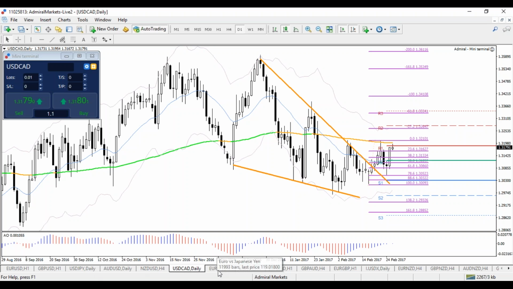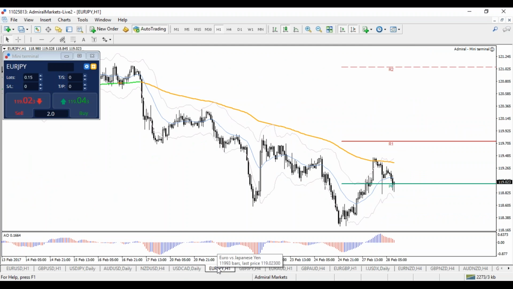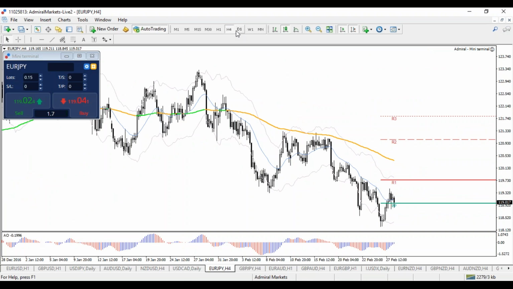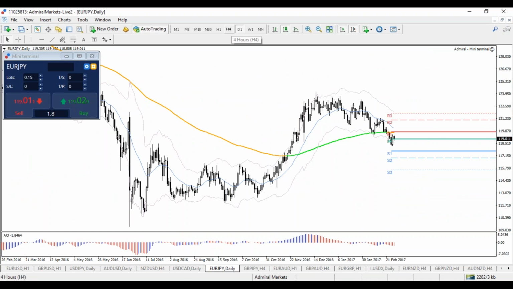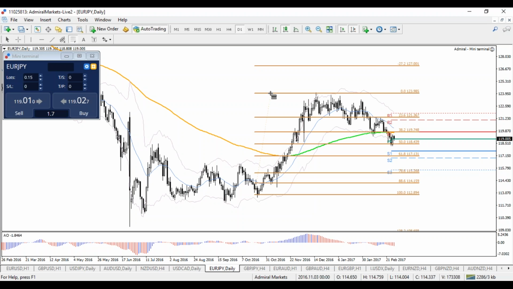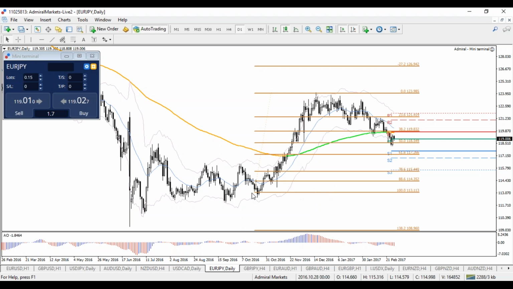Alrighty, I haven't looked today at the crosses yet, so let's do that together. But I don't have anything prepared. I'll just talk about the charts as I walk through each of these time frames. And I think it could be good to have a fib here, perhaps 50 fib, as you can see.